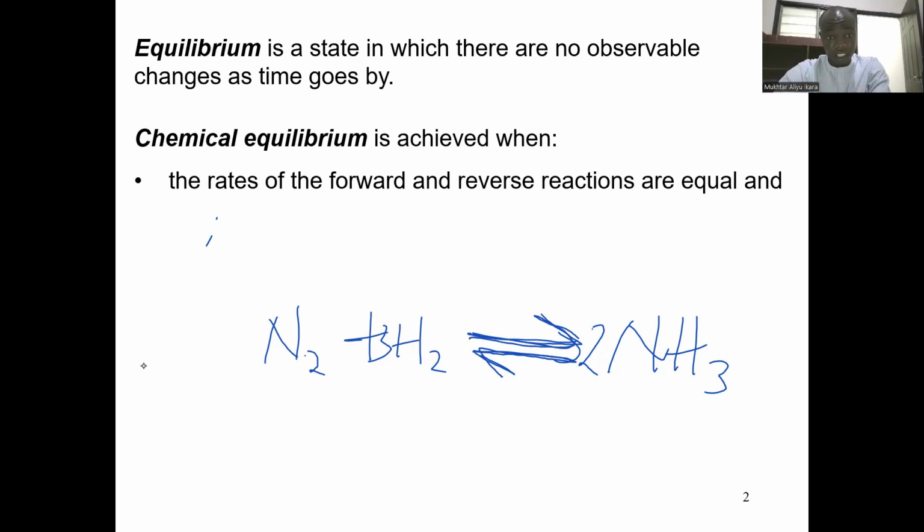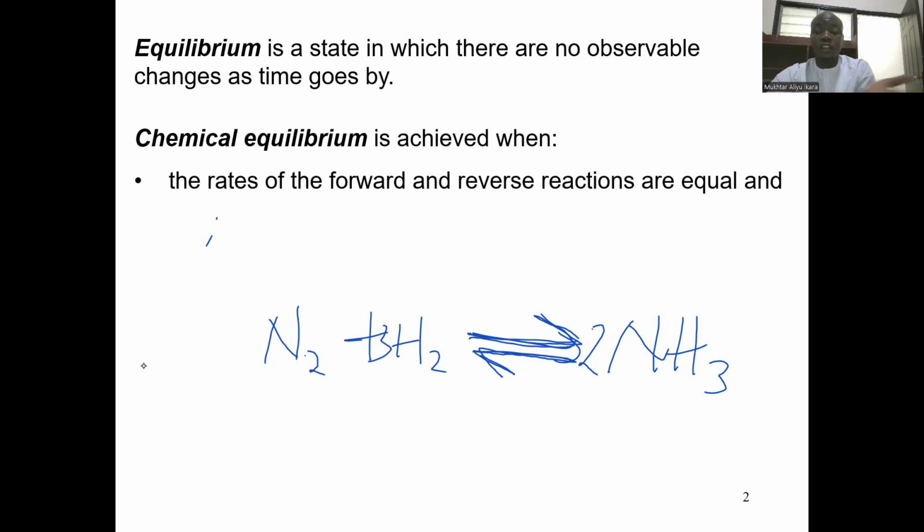It means that as the concentration of the reactant is decreasing, at the same time the concentration of the product is increasing. So the rate of the formation of ammonia is equal to the rate of the decomposition of ammonia at the same time.